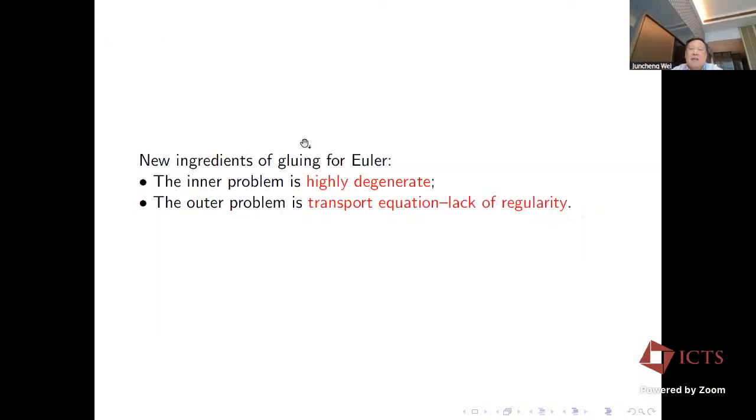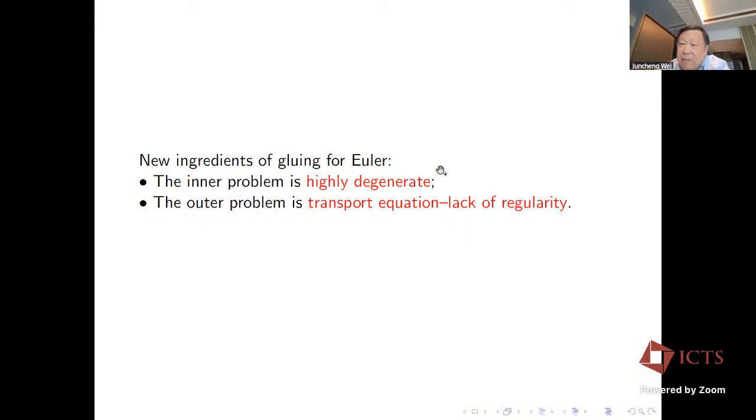So the new ingredients for the gluing for the Euler equation. First, the inner problem is highly degenerate, and as we're going to see, there are lots of kernels for the inner problem. And second, the outer problem is a transport equation, and we don't gain regularity.